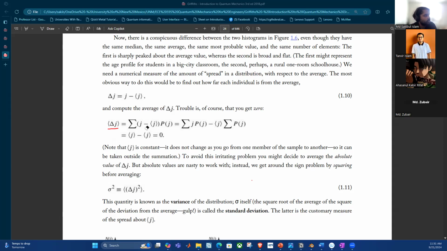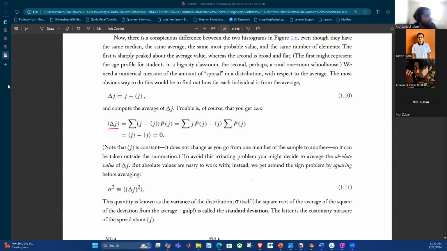Since this is in parentheses, just distribute it: the sum of j p of j, minus the average of j, because the average is already a constant, you can take it out of the sum, times the sum of p of j.